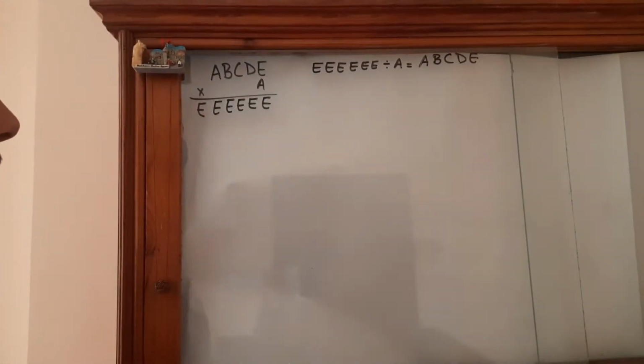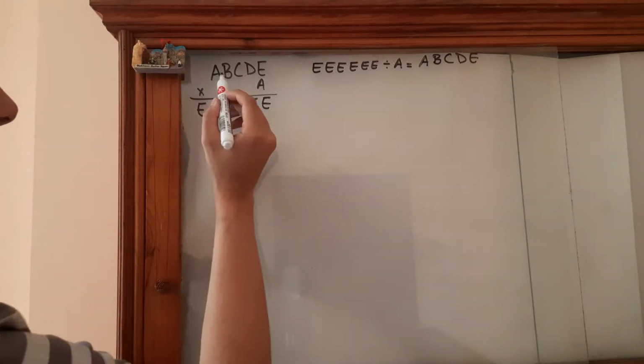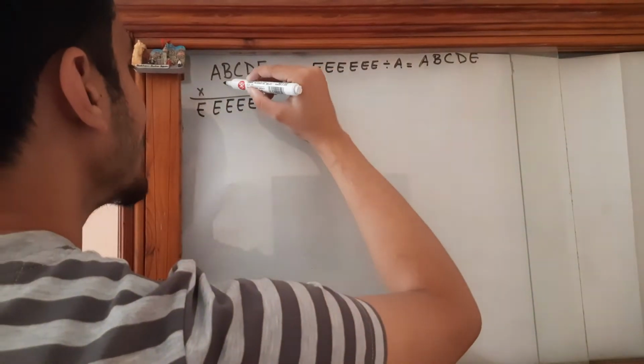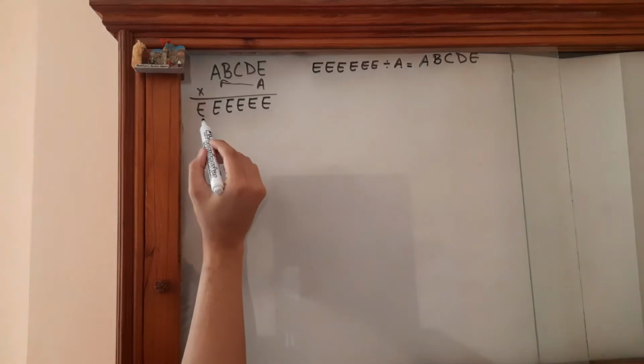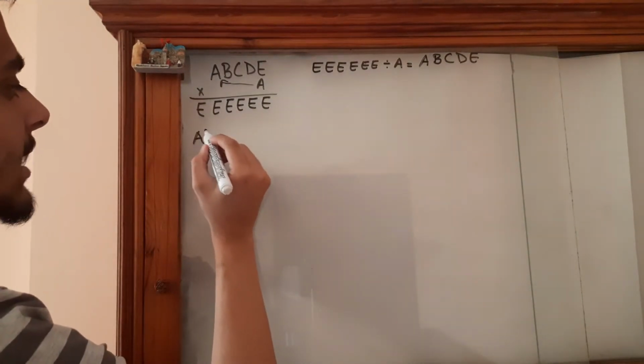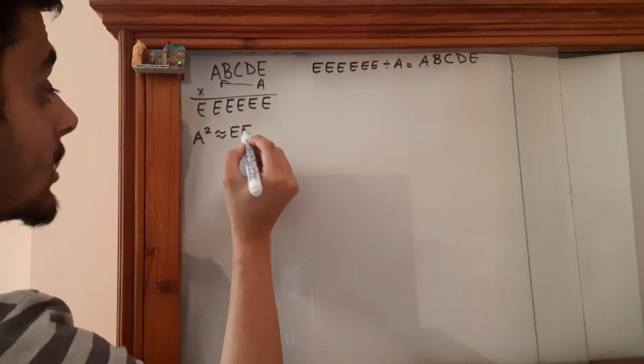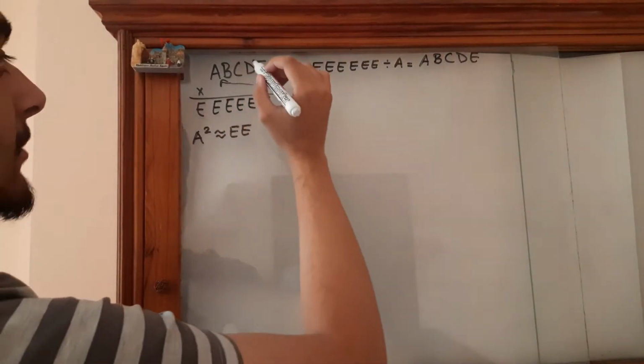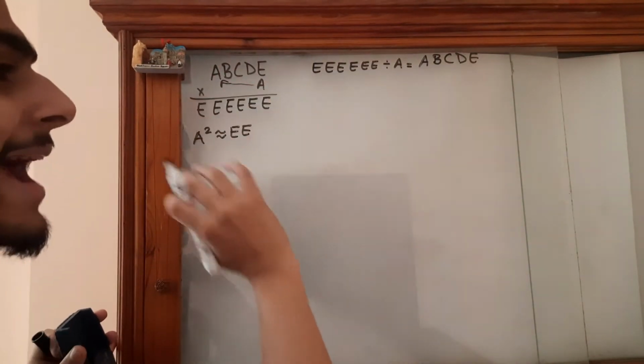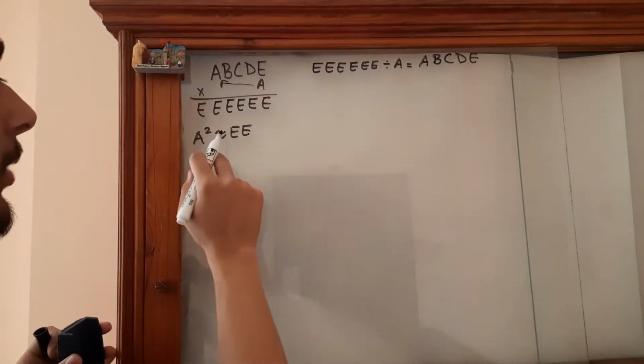This was in multiplication form, and we're just changing it into division form. What we notice from this is that when A multiplies A, we get somewhat equal to EE. So A square will be somewhat similar to EE. Not exactly, because there can be carryover numbers, and when you add them, we get EE.